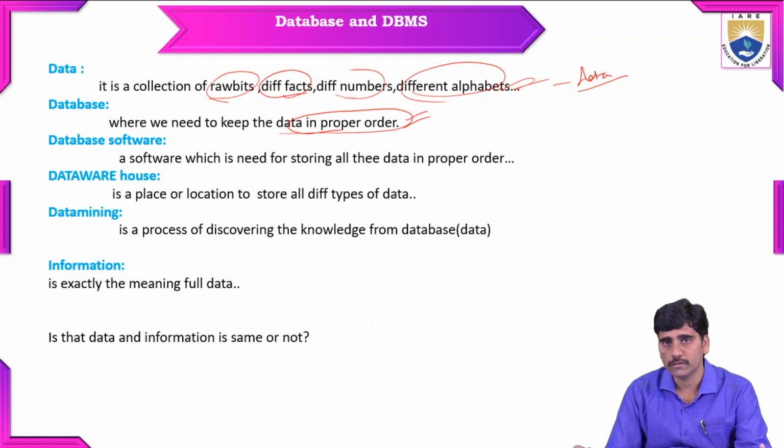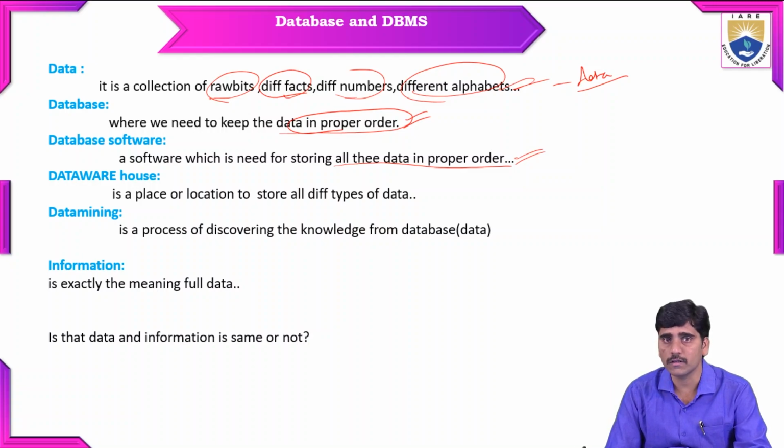Database software. Who will manage the database? A software which is needed for storing all the data in proper order. To manage the data, to process the data, to organize the data, a software is required.